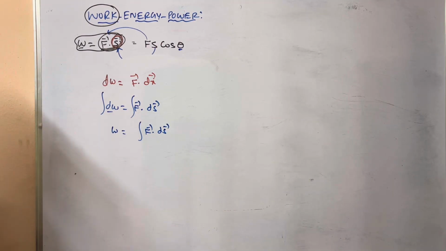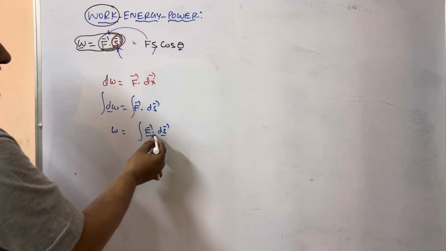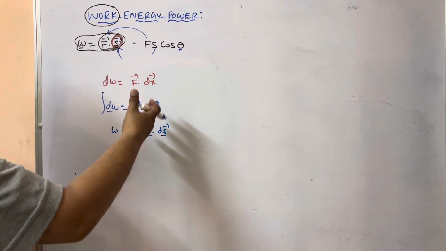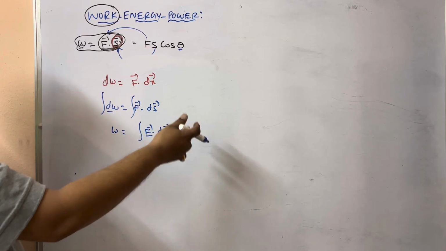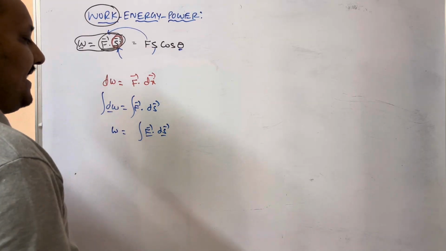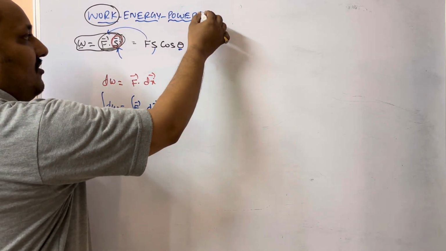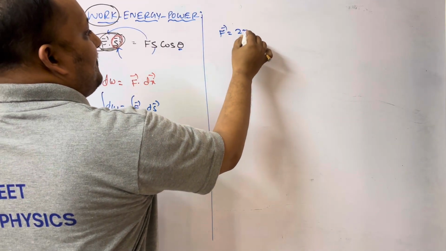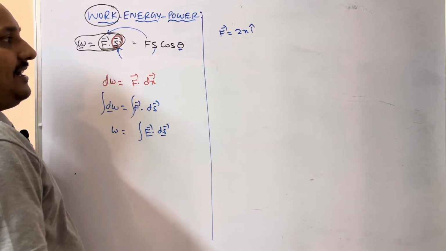So during this time, how may they ask the questions? Maybe the force is going to be variable. By variable force, if the displacement is changing, how are we going to write this formula and solve the problems? So F bar is equal to 2x i cap.